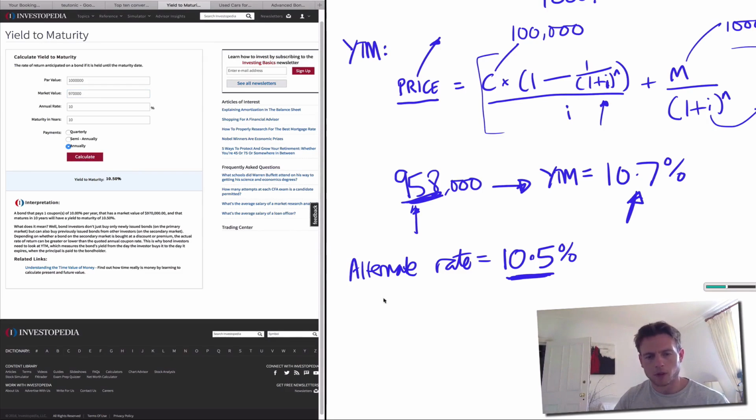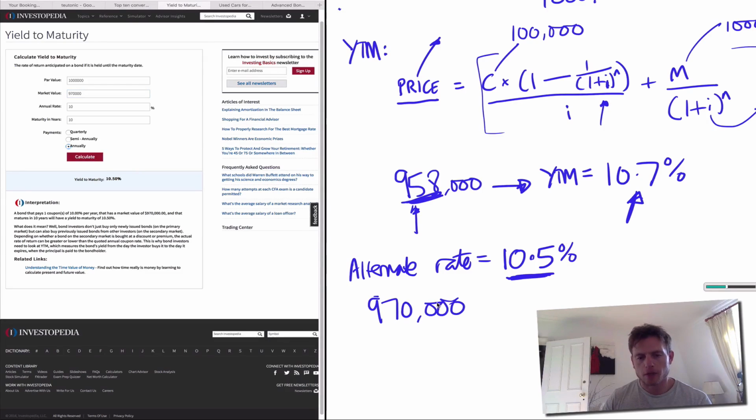There we go, potluck there. It turns out that if the price is exactly 970,000, that means that the alternative interest rate of 10.5 is exactly the same rate as we will get if we buy this bond at that price and then hold the bond to maturity.